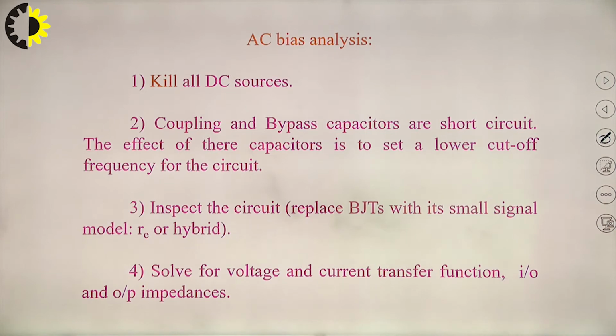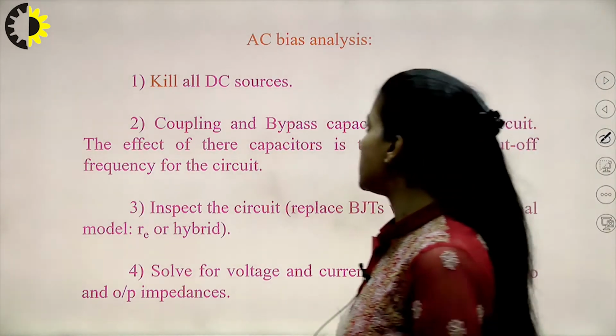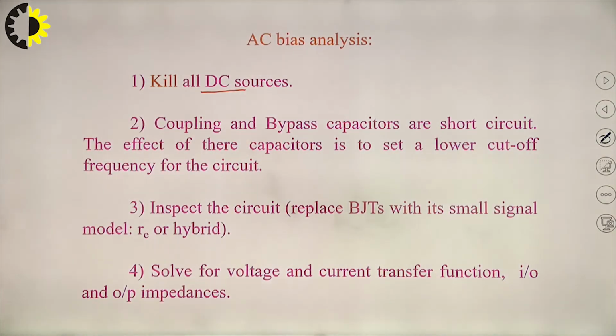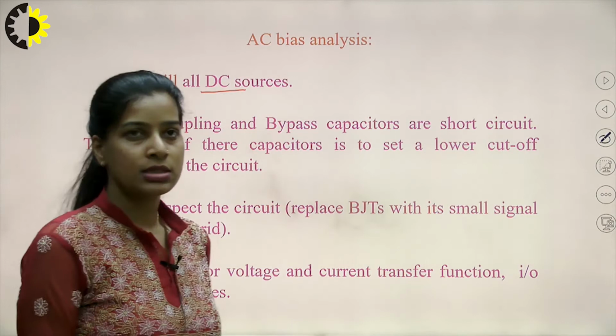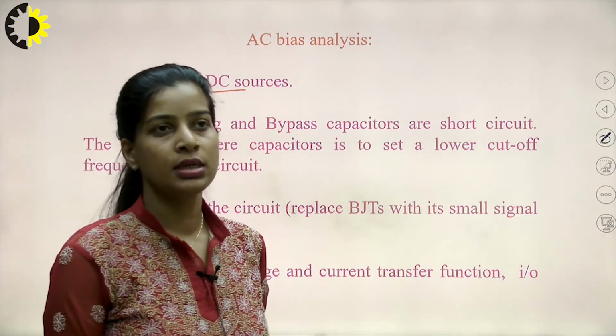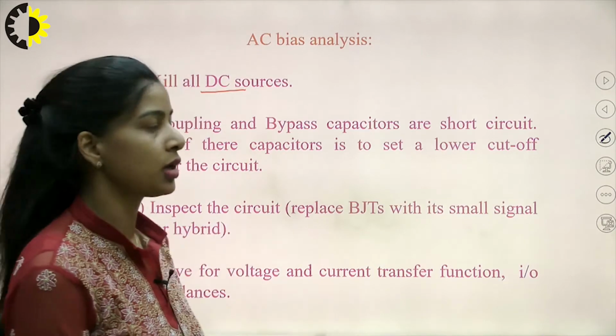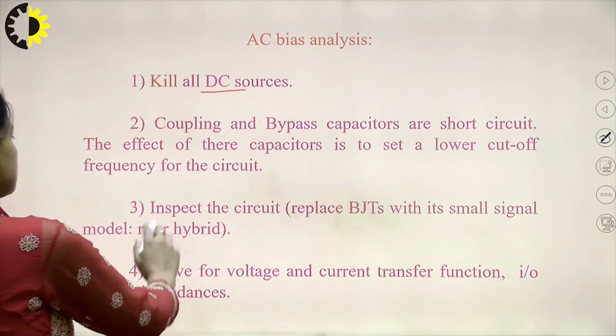For the analysis, as we are dealing with the AC analysis, first we will remove the DC sources. Coupling and bypass capacitors can be short circuited, and the effect of these capacitors is to set a lower cutoff frequency for the circuit.